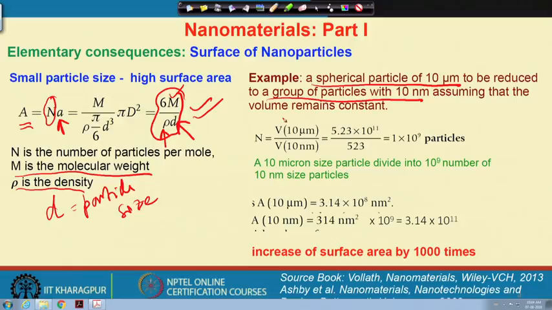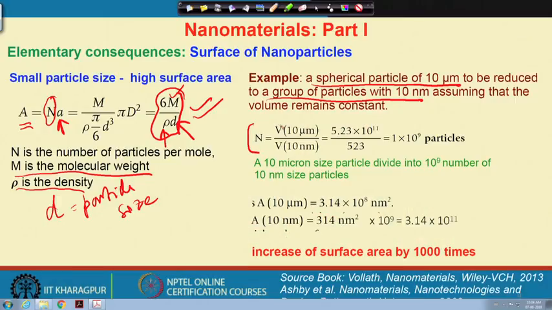If we take the ratio of the same volume, into how many pieces must a 10 micrometer particle be divided to generate 10 nanometer size particles?